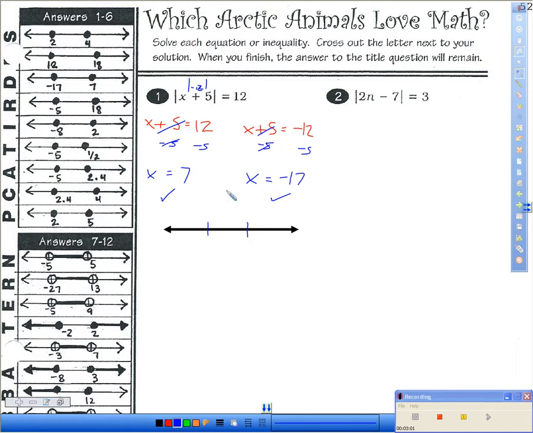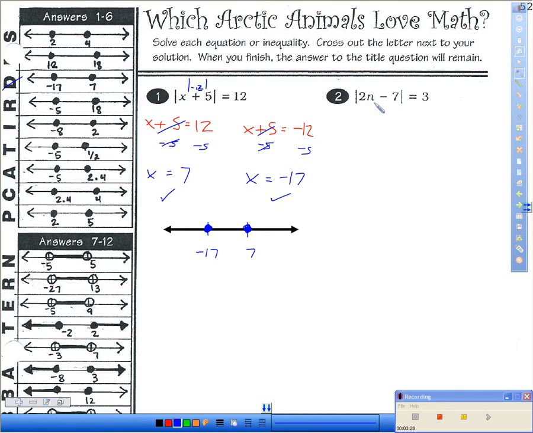We have x equals 7, x equals negative 17. So I'm going to put the lesser of those 2 on the left, negative 17, and 7 on the right. At that point, I will just put a dot on negative 17 and put a dot on 7, because that is the solution set of that equation. So for that problem, we see that the graph up here matches that, negative 17 and 7.